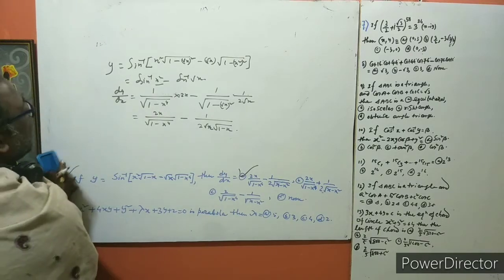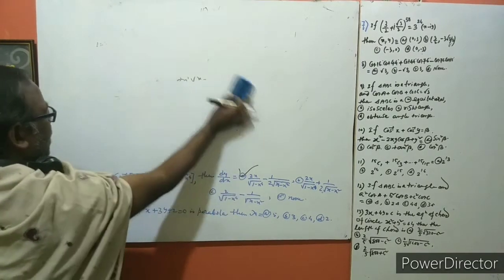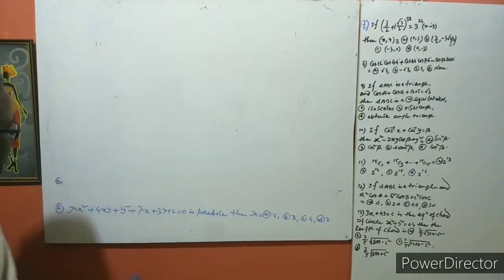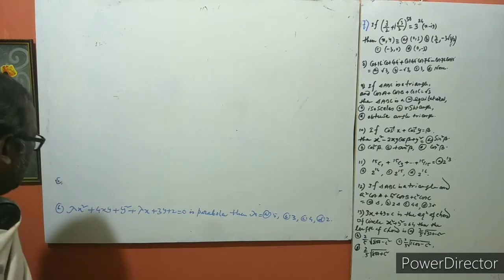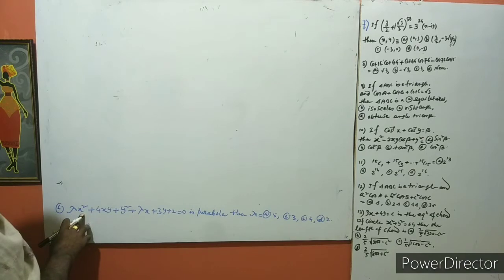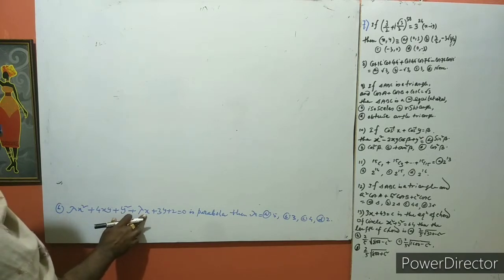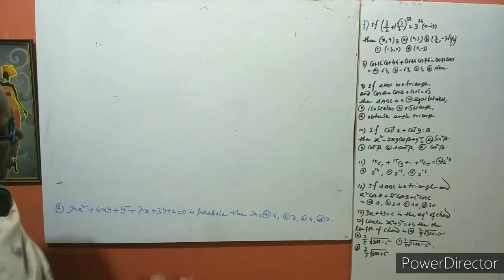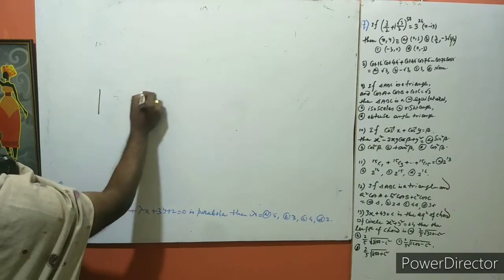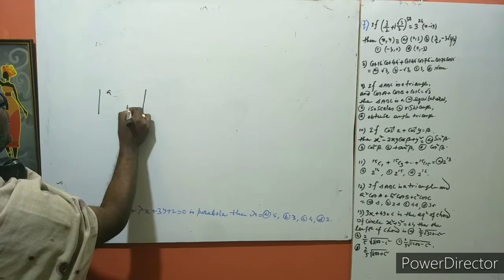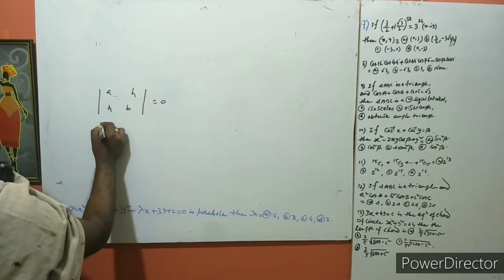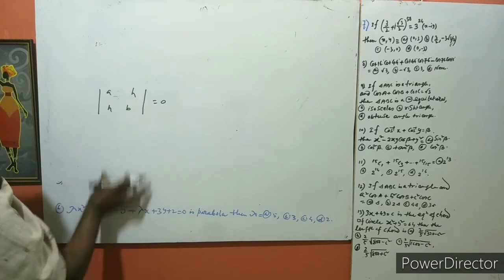Okay, now see the question number 6. Given that lambda x square plus 4xy plus y square plus lambda x plus 3y plus 2 equal to 0 is a parabola, find the value of lambda. For finding the value of lambda, we use a, b, h, and h square equal to a b. Okay, for finding if this represents a parabola, this is the logic.